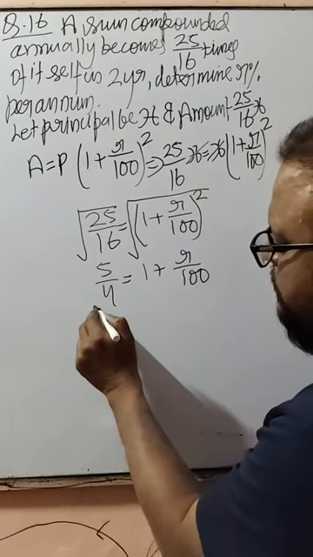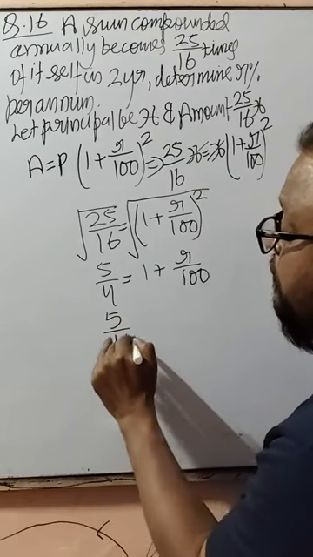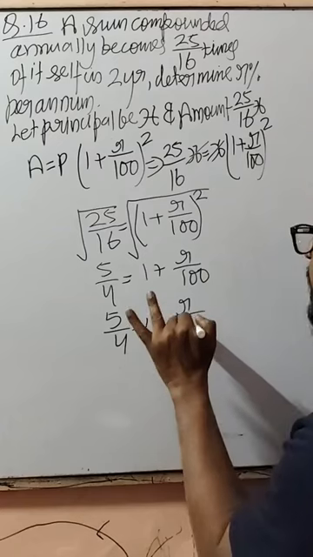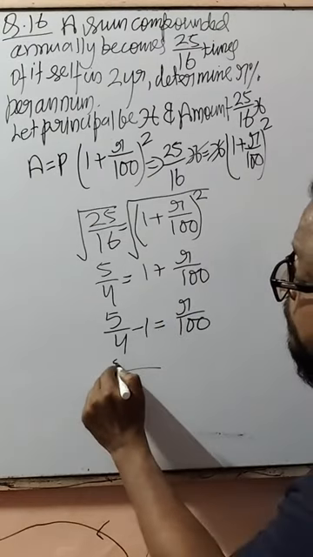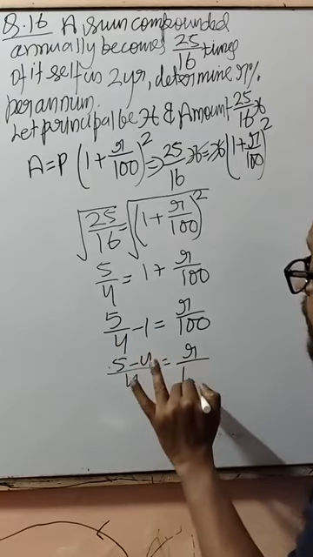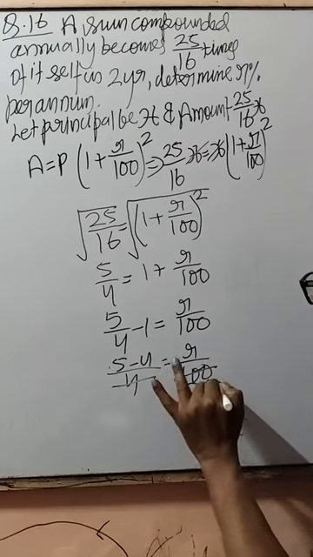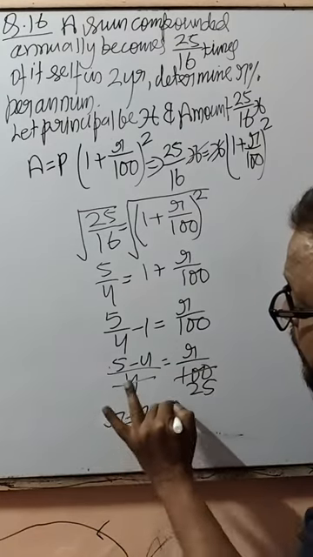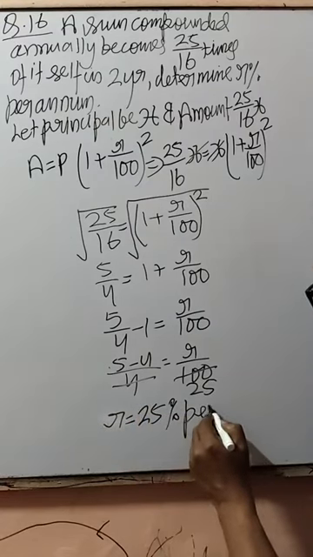This comes on this side, so it is 5 upon 4 minus 1 is equal to r upon 100. We take 4 as an LCM, so 5 minus 4 becomes r upon 100. So r is equal to 25% per annum.